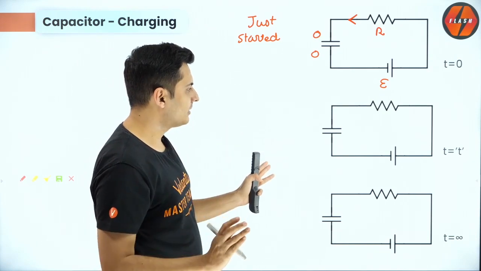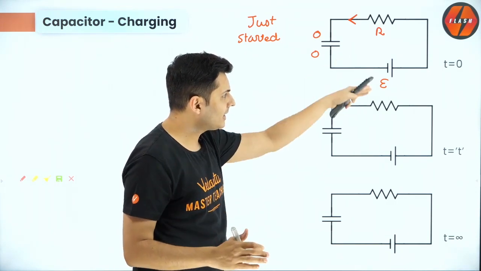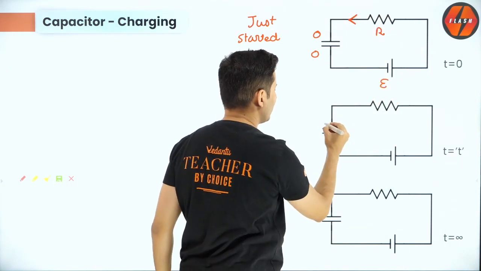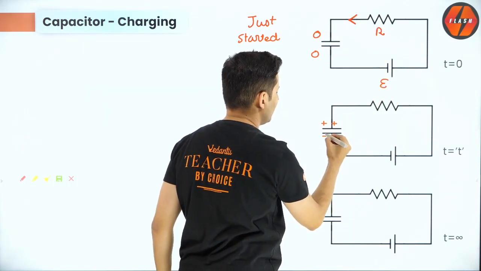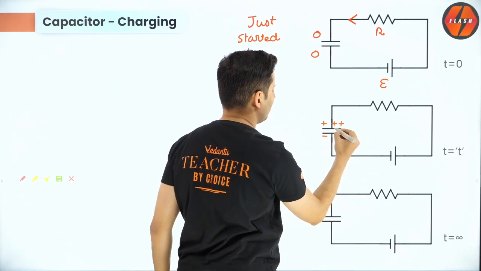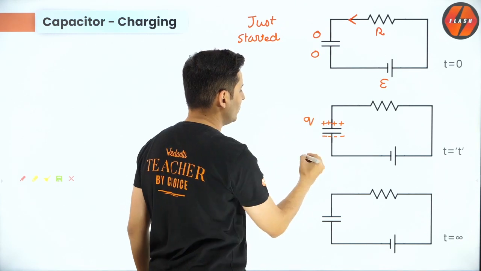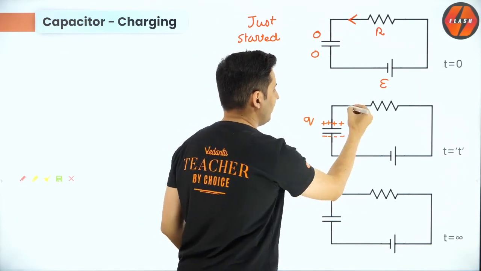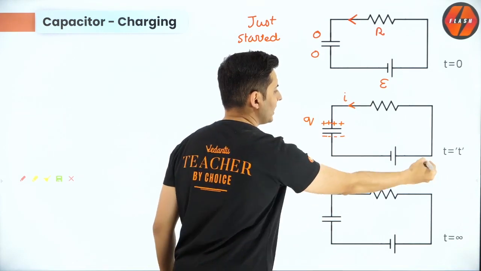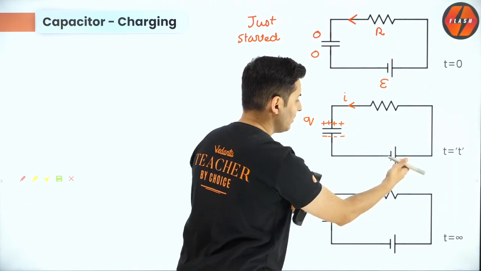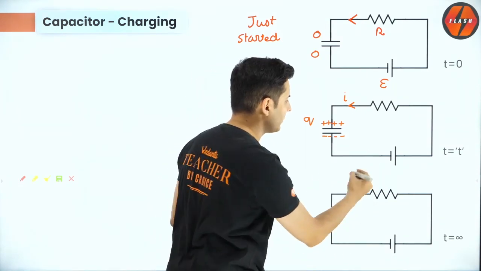After some time, the charges begin to accumulate over the plates. With the progress of time, there will be some charge Q on the plate, and this is because of the current flowing in this circuit, which has been provided by the potential difference created by this battery.